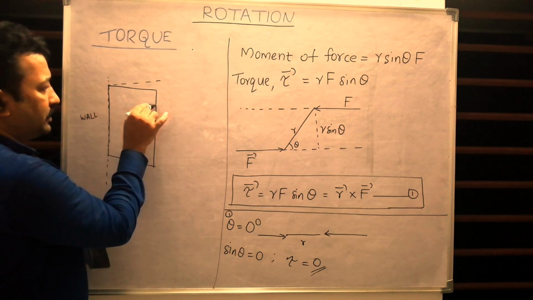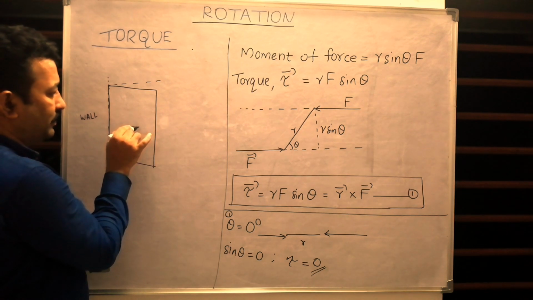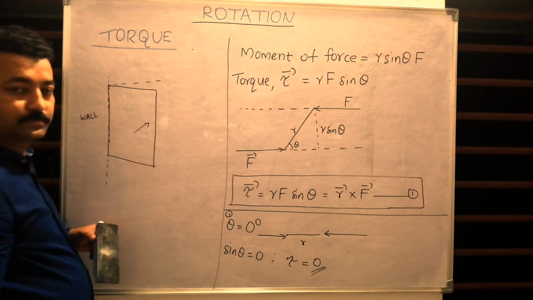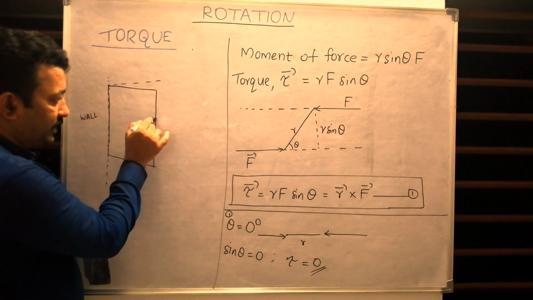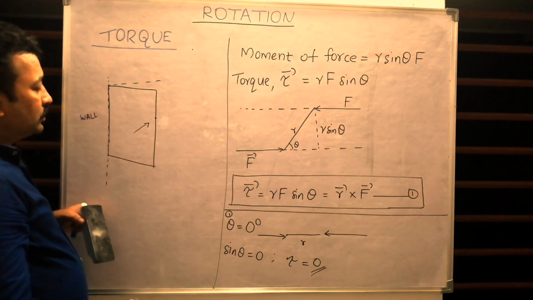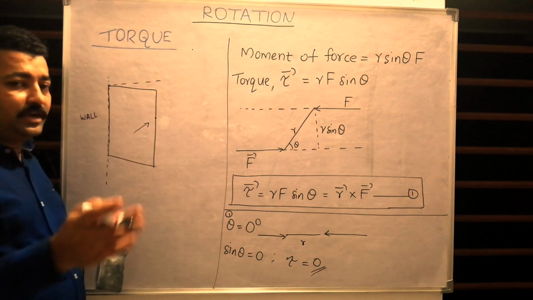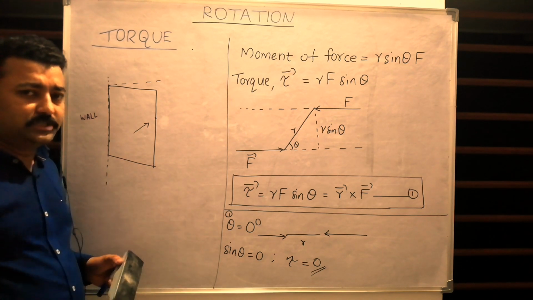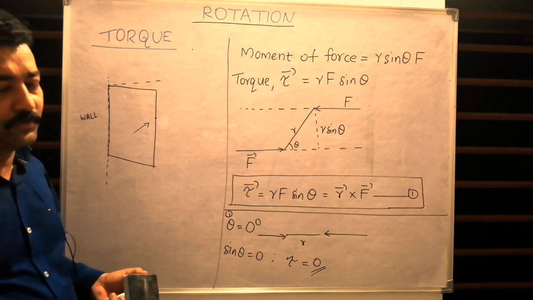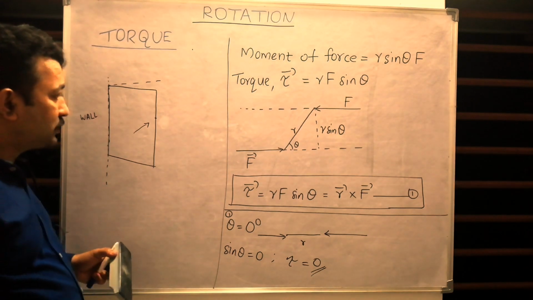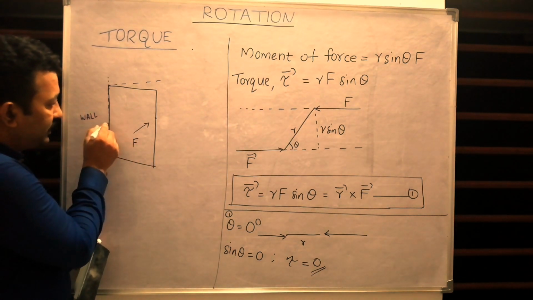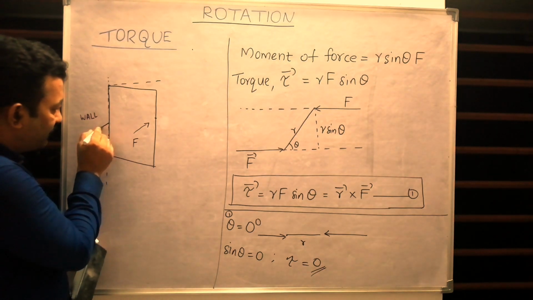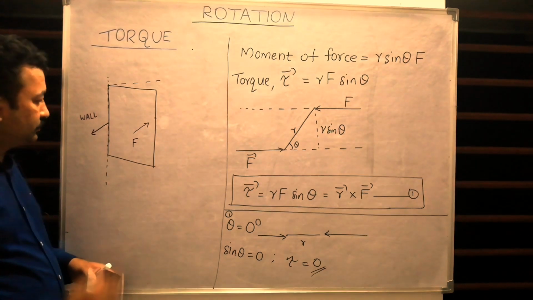I am applying a force onto one end of the door, this end. If I push the door, generally if the door is fixed firmly, it will never fall down. Why is it not falling down? I have applied a force here. What is happening at the hinges? The hinge is applying a force in the backward direction.